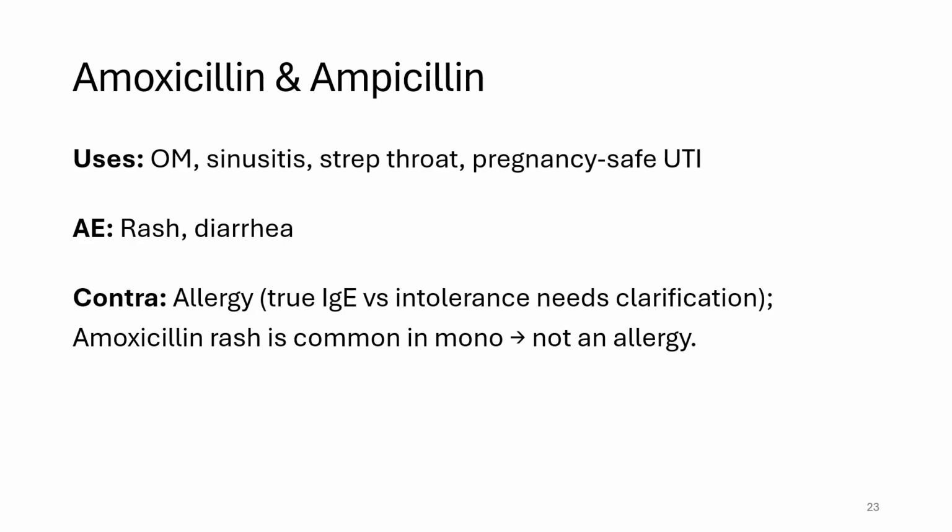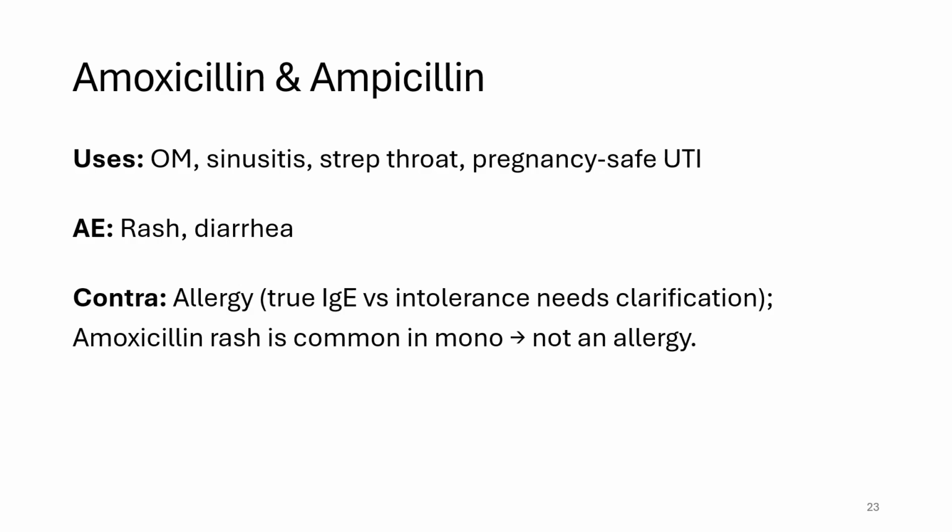Contraindications: obviously, penicillin allergy. A key point here is that not all reported penicillin allergies are true allergies. You want to always clarify whether the reaction is a true IgE-mediated reaction like hives, angioedema, or anaphylaxis, or whether it is more of an intolerance such as GI upset. A very high-yield pearl: an amoxicillin rash in the setting of infectious mononucleosis is common and is not a true allergy.